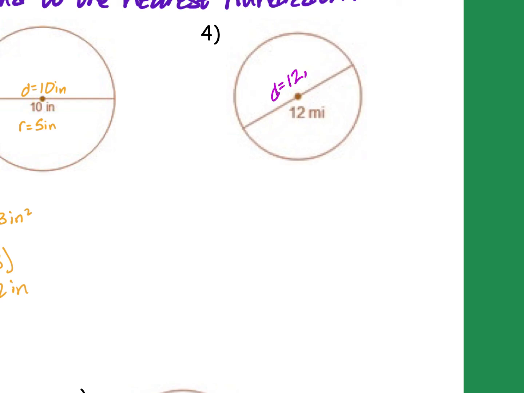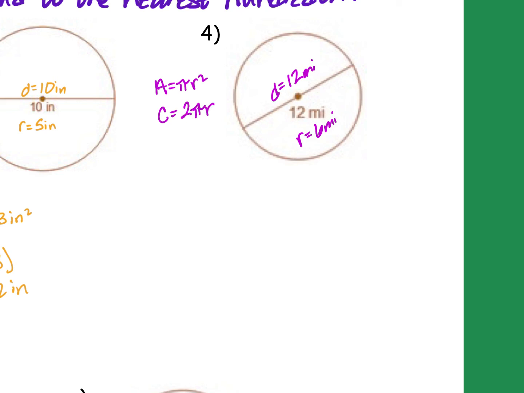No. Okay, so I have a circle with a diameter of 12 miles, which is a huge circle. If my diameter is 12, what's my radius equal? 6. It's half, so I just divide by 2. Now I can find my area, and my area equals pi r squared, and my circumference equals 2 pi r.